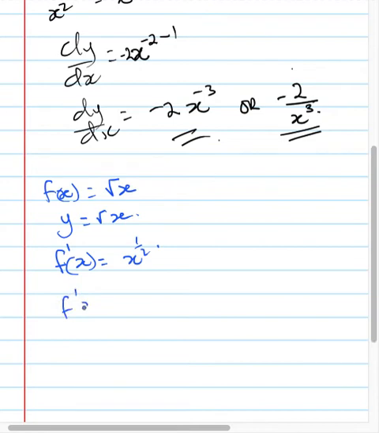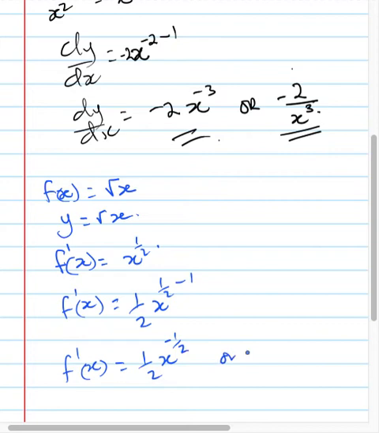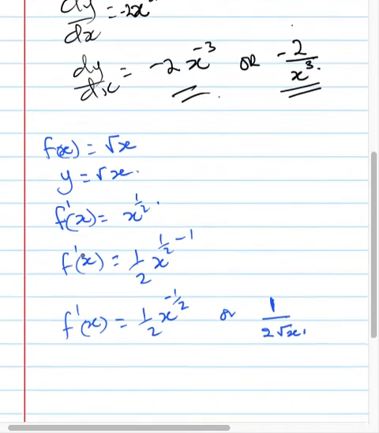So the derivative dy dx, or f prime of x, will be half x to the power of half minus 1. So the derivative of the function will be half x to the power of negative half, or you can say the answer is 1 over 2 square root of x. So this here can be the answer.